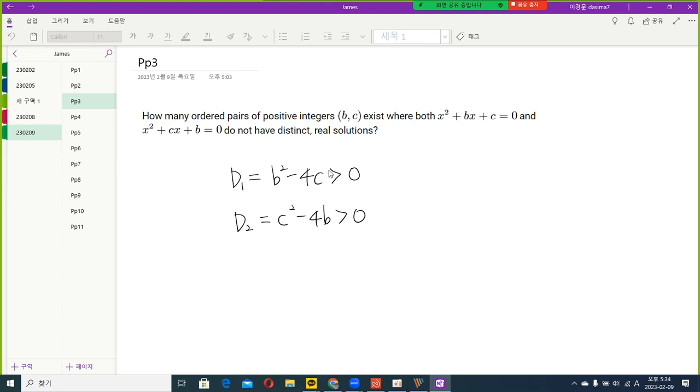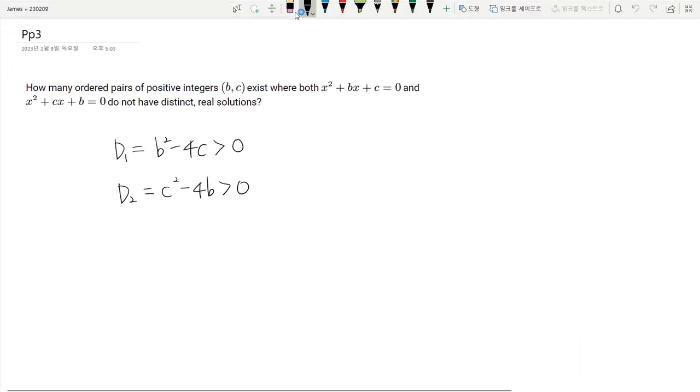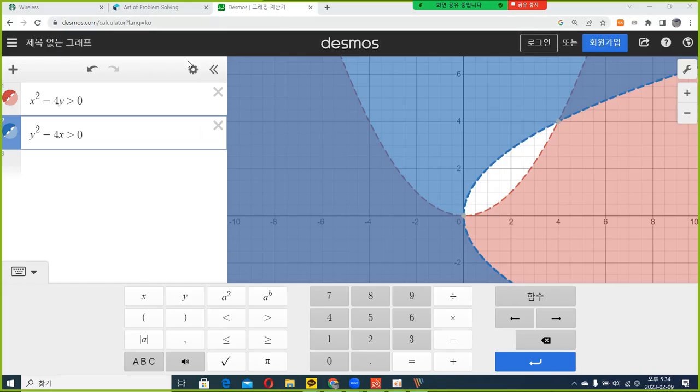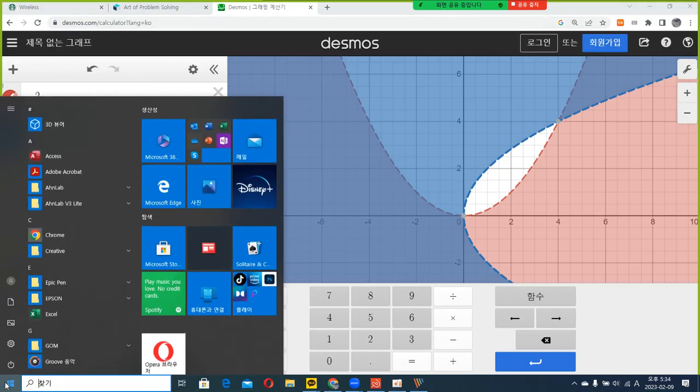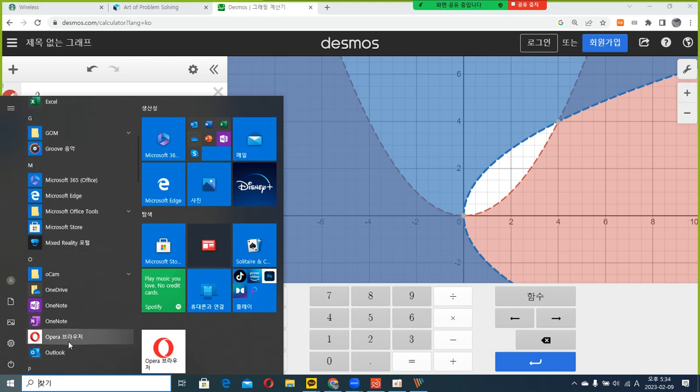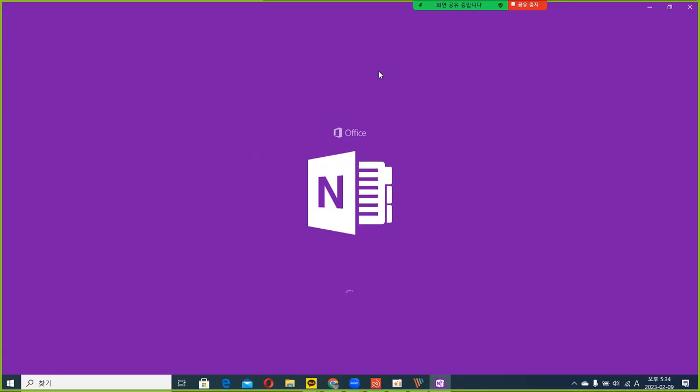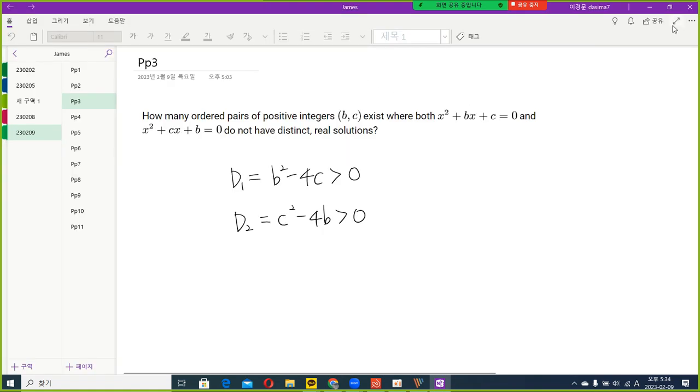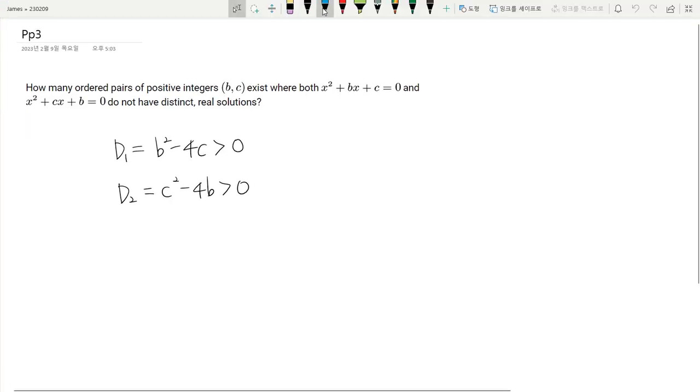So the direction is the opposite. I mean here, don't.